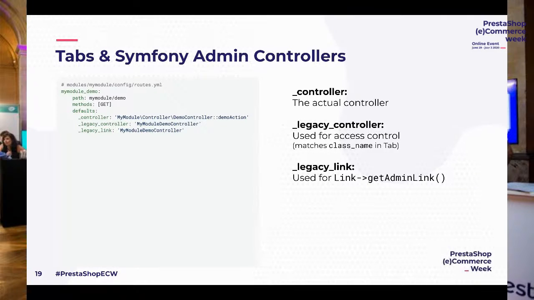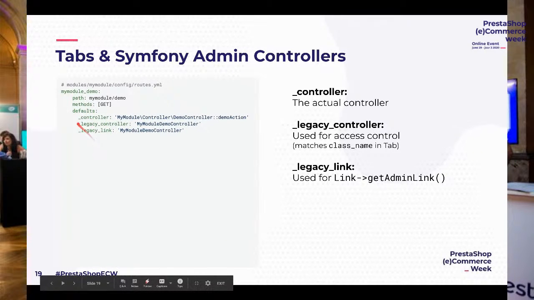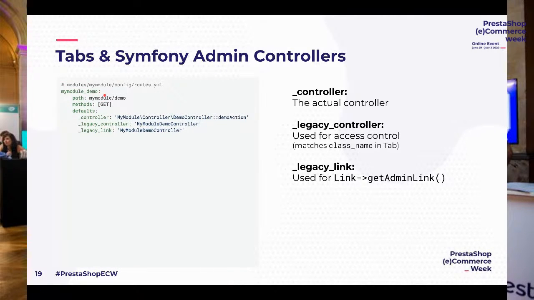And there's a bunch of elements that you have to set. So the first one is obviously the name of your route, which in this case, let's say we're working with a module that is called my module. So we prefix the route using the module name, which is optional. You don't have to do it, but I think it's a good practice.